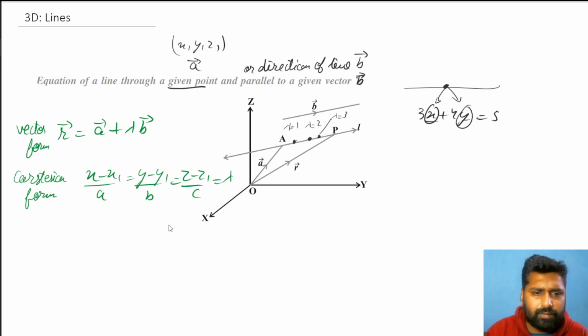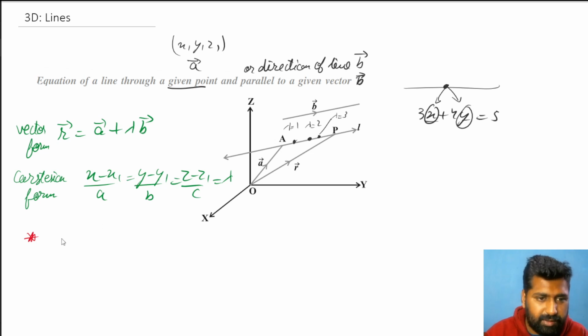Although the format is this much only, but the point is, where is lambda? They are all equal, and they are equal to the lambda. What you have to remember for this is the key point. Usually formats are learned, but you forget what is x1, y1, z1, what is ABC, what is A vector, what is B vector.